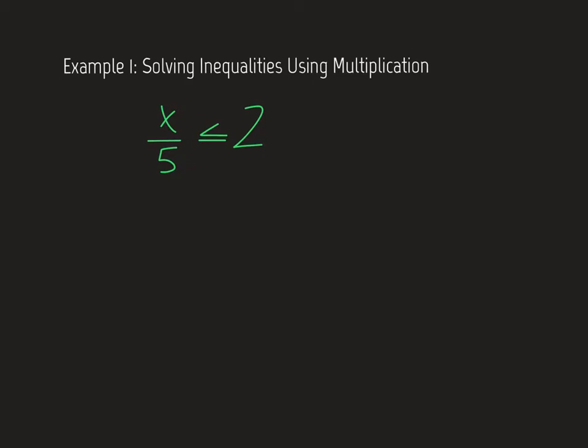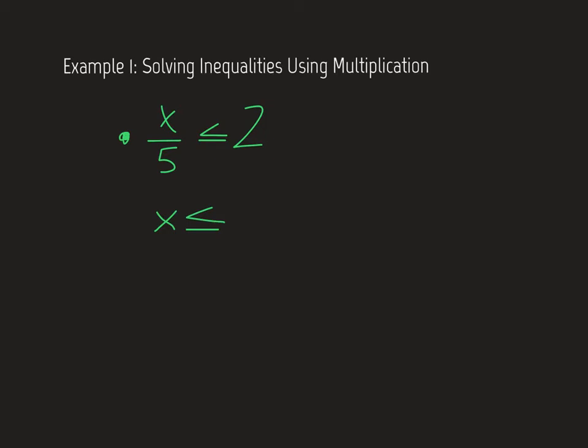What we have to do is realize that we have division. When we have a fraction, that means division. So we have to do the opposite, which we should already know is multiplication. That's what the example is telling us. So I am going to multiply this side to get x by itself. I want this to look just like this.